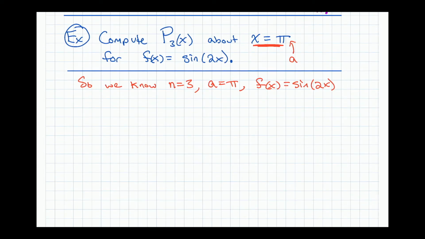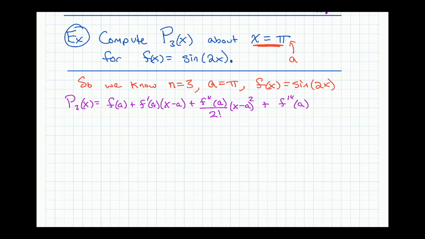All right, I'm going to write out P3 actually. So P3 is this. P3 is, in general, f of a, plus f prime of a, x minus a, plus f double prime of a over 2 factorial, x minus a squared, and then plus f triple prime of a over 3 factorial, x minus a cubed.